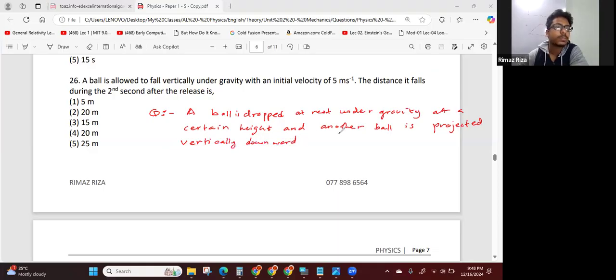with the velocity of, for example, let's say 10 meters per second at the same instant.